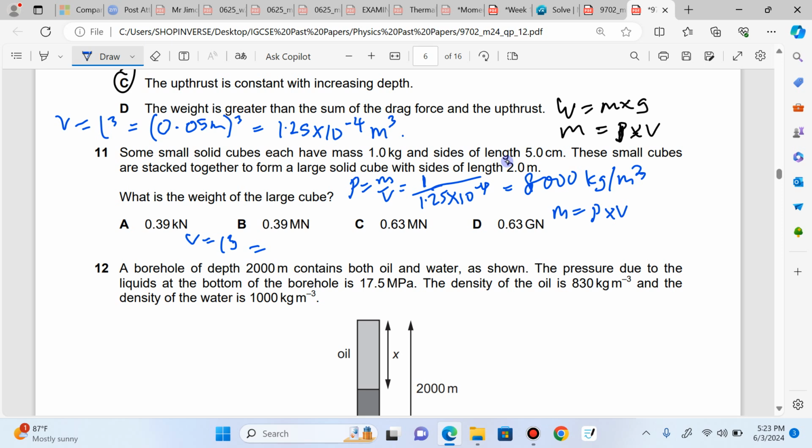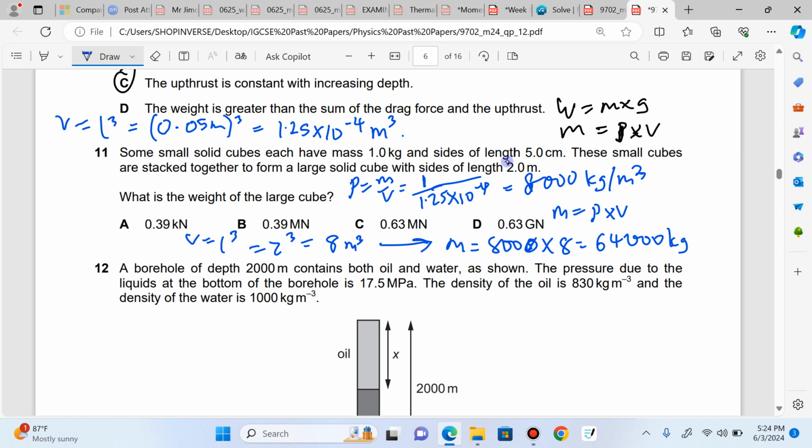The length is 2.0 meters, so 2 raised to power 3 gives me 8 meter cubed. Putting this into the formula, mass is the density, 8,000, multiplied by the volume, 8, which gives 64,000 kilogram.